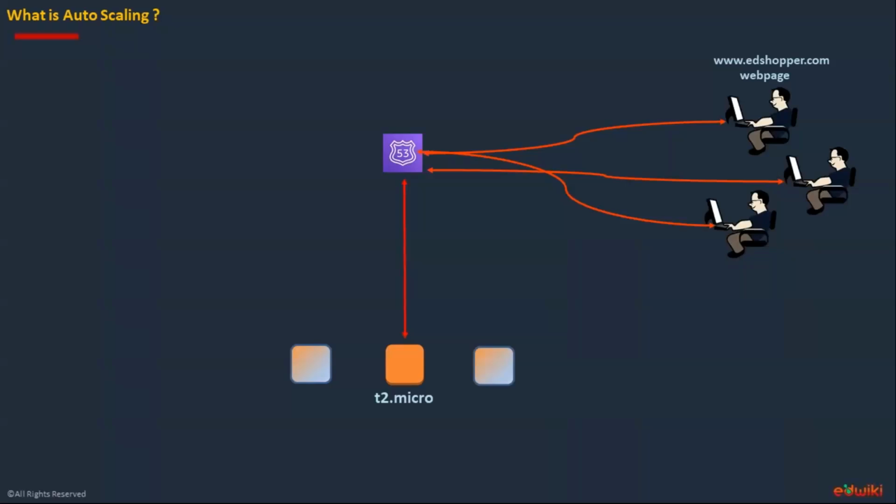That means it should automatically identify that there are more users accessing my website, and it looks like the current capacity is not enough, so maybe it is time to create one more server. So AWS has to create another server automatically, add it into the business, and start distributing the load to the new node as well. That way, this is an auto scaling solution to scale the computing resources horizontally whenever there is more demand.